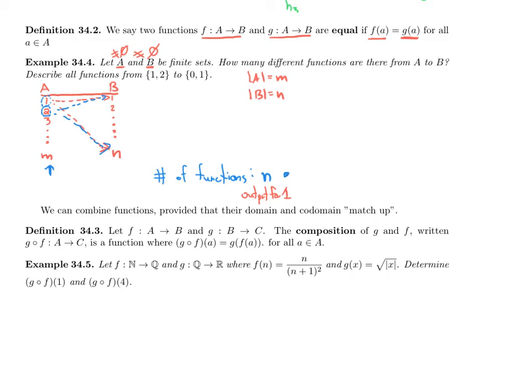So this here is the output for 2, and we can keep going like that for every number. It doesn't matter if a number gets used in the codomain, it can still be the output for any element in the domain. So we always have N choices. So this is M times.